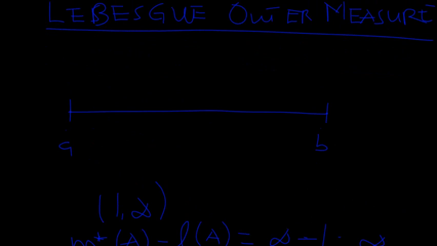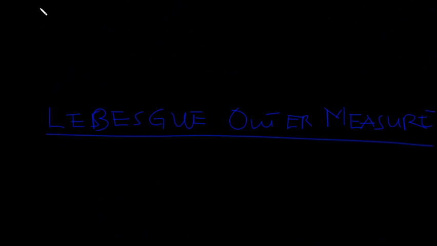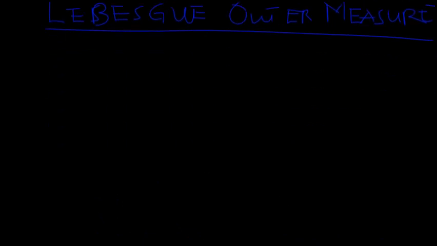But I want to define outer measure in a different sense, a very good but a bit complicated sense, but with illustrations you get to understand it very well. I am given a set A, or let me say I have a very big set.